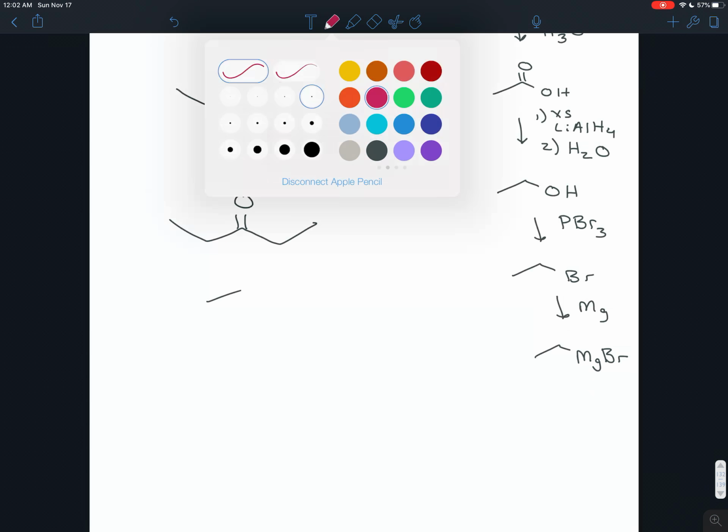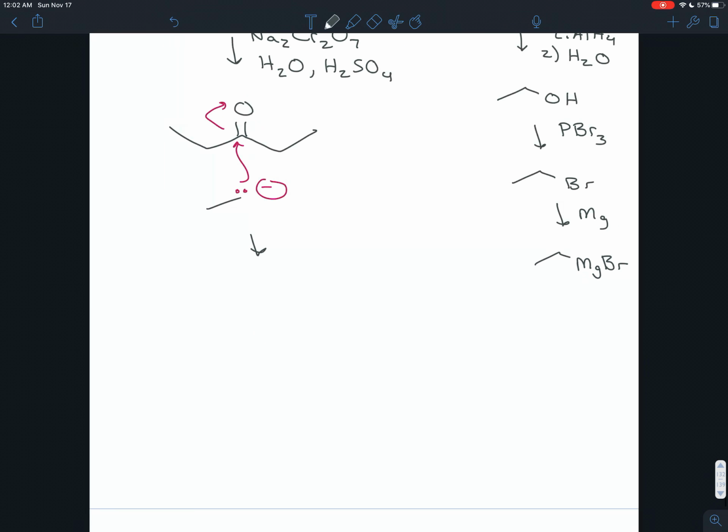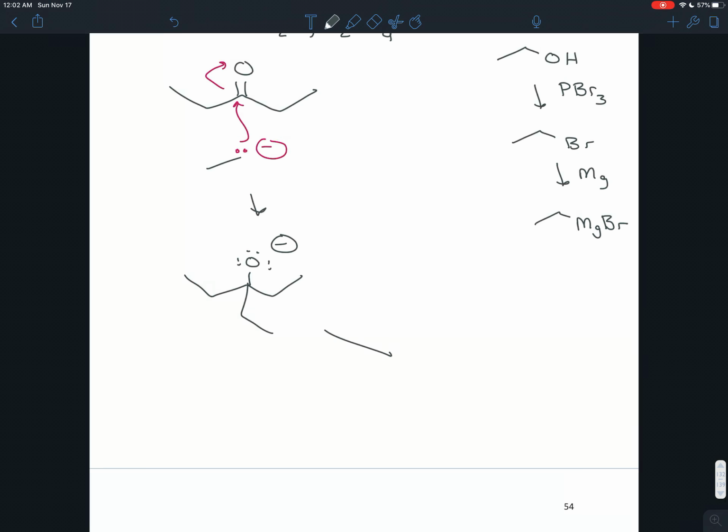So that's 2 carbons. One of them acts as a nucleophile that attacks the carbonyl, kicks the pi electrons up, and what you end up with is this molecule here, which, if you stabilize that charge with a proton transfer from water, gives you your product, the one that you want.